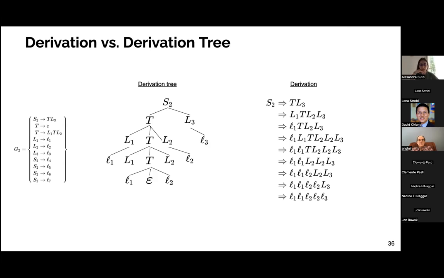So in a derivation, you automatically assume an ordering in which you apply the rules, but in a derivation tree, you don't actually know whether, for instance, after producing, so you start with the start symbol S2, and then you produce a T and L3, but then the tree is unordered, so you don't know which subtree was produced next. So you could either apply rules to T and then L3, or the other way around, and you would produce the same tree.